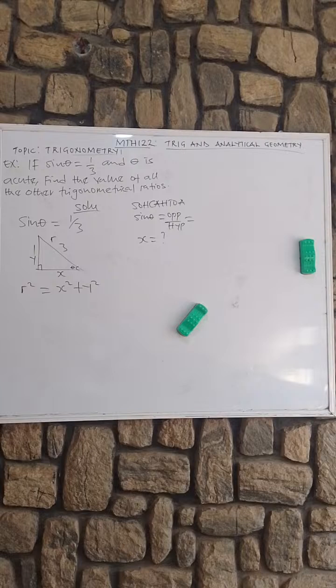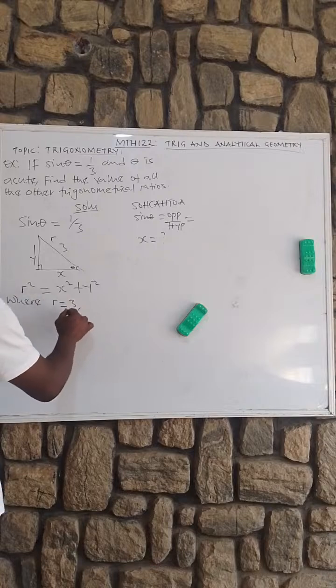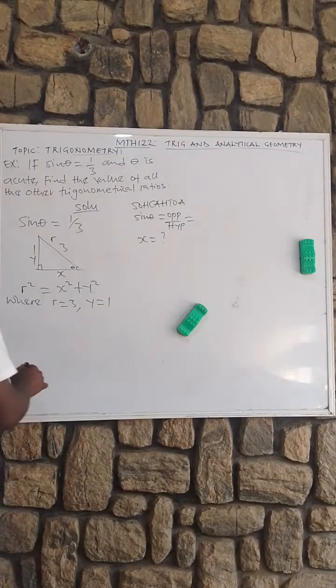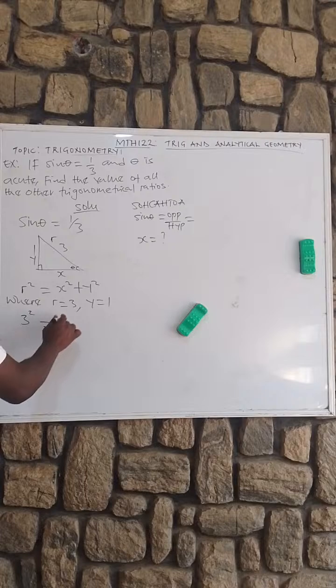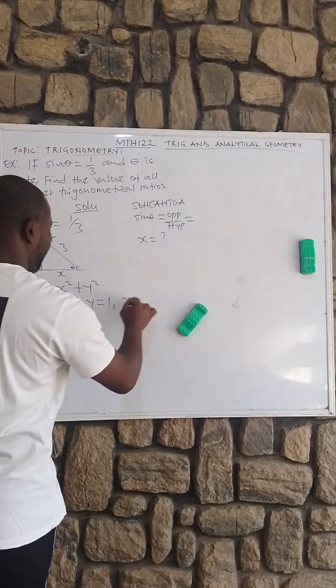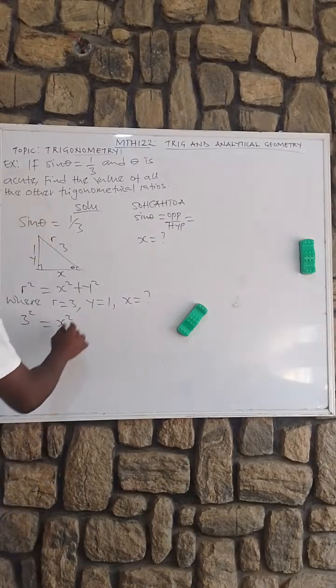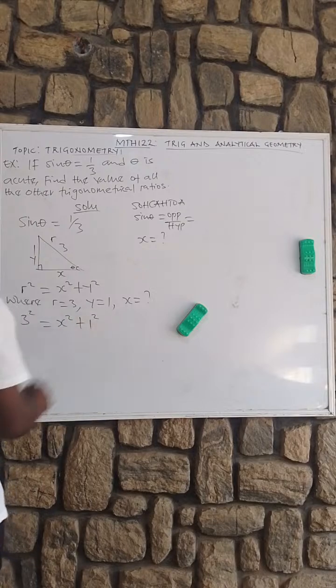You will see this type of question in your exam. It's very important. Take notes. So at this point, r equals 3, y equals 1. So 3 squared equals x, which is unknown, squared plus 1 squared.